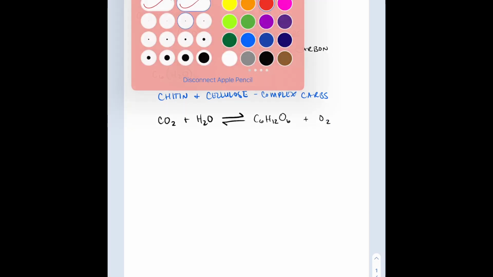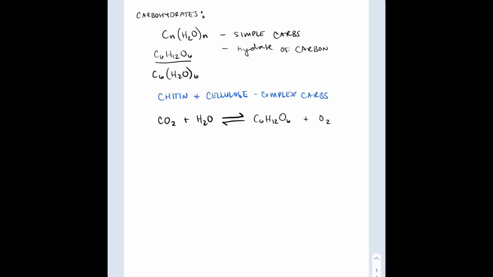So the formula for the preparation of carbohydrates as well as the breakdown of carbohydrates is we need CO2 and water to form a sugar molecule as well as oxygen. So sorry I didn't balance these out, but you get the general idea. And we know that photosynthesis is the way to form sugars.